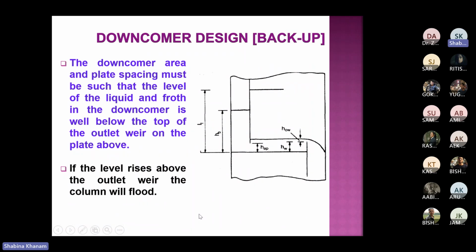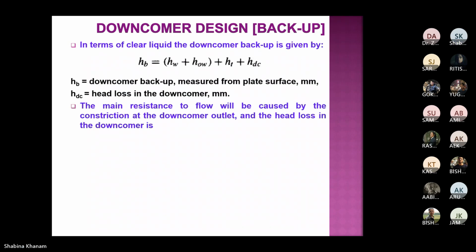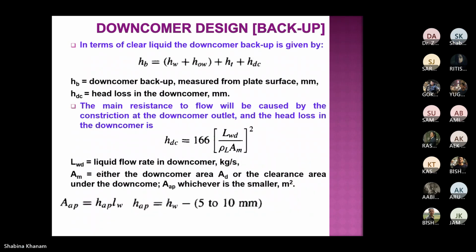And how we can calculate that HAP is weir height minus how much it should be reduced. So that should be 5 to 10.